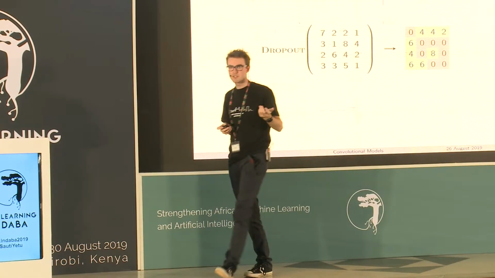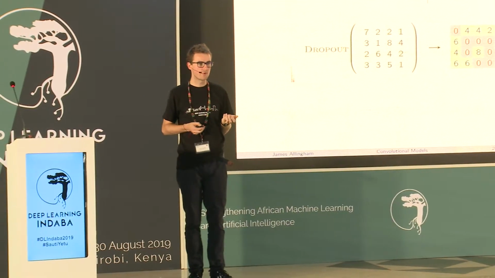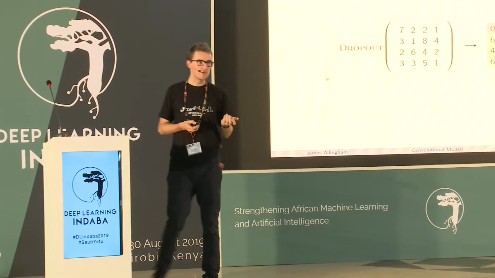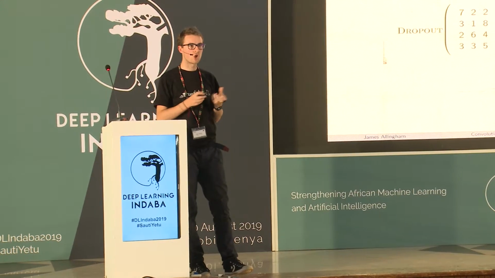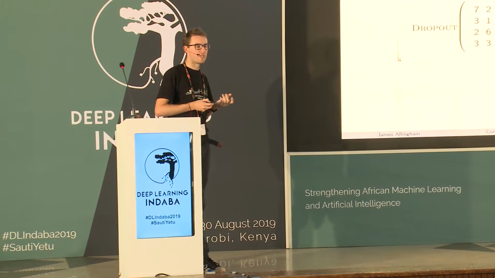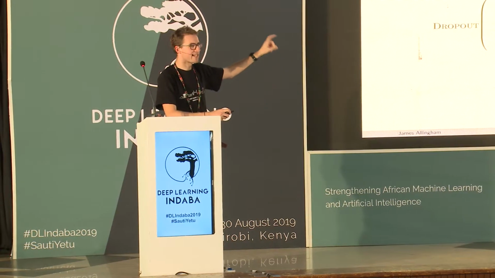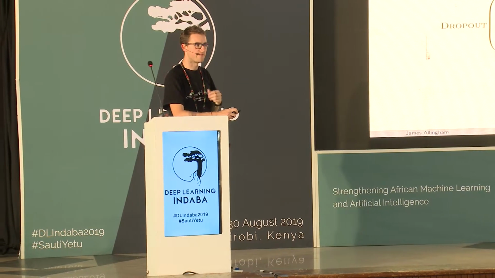Why do we want to do that? The reason for randomly throwing out our values and zeroing them out like this is that we want to prevent co-adaptation, meaning that if you see a 6 and a 9 next to each other, maybe that's very predictive.